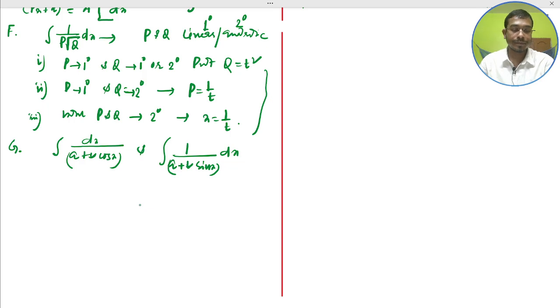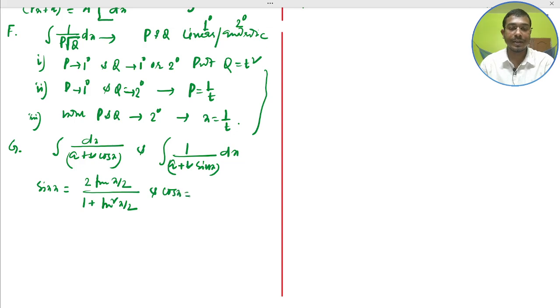For these two forms, we write the sin x formula with tan half x: sin x equals 2 tan x by 2 divided by 1 plus tan square x by 2. We just write this one.